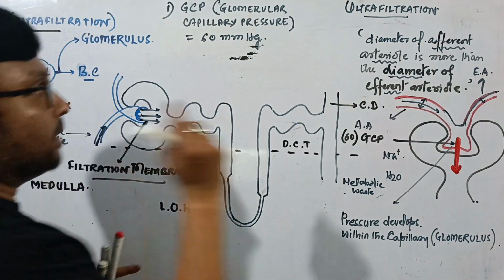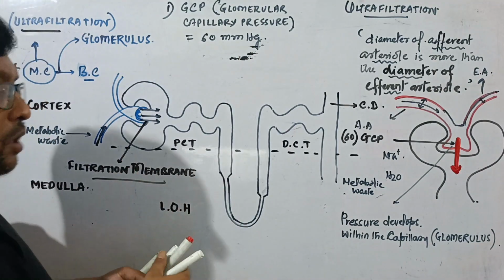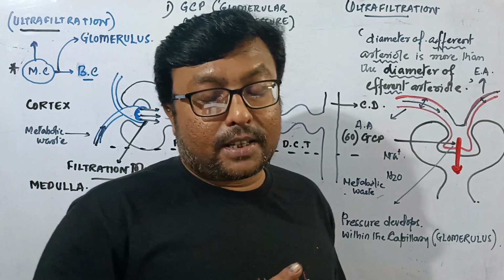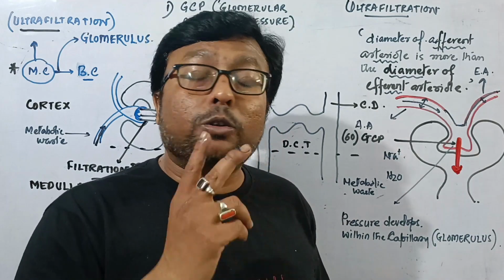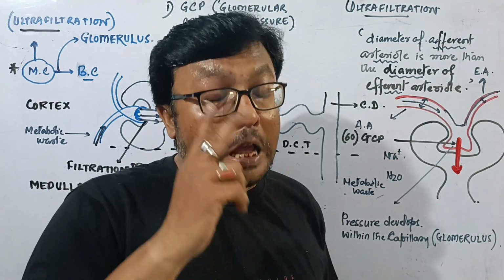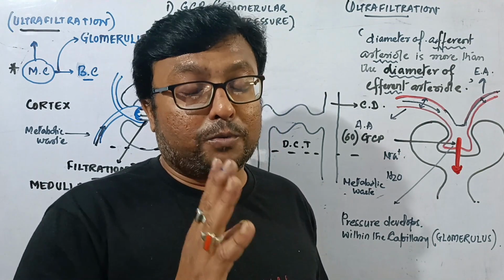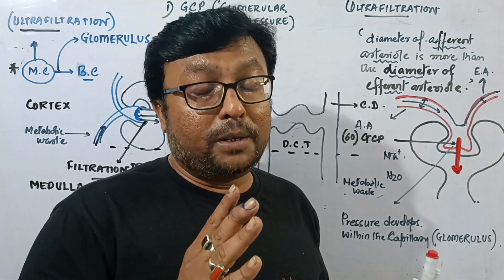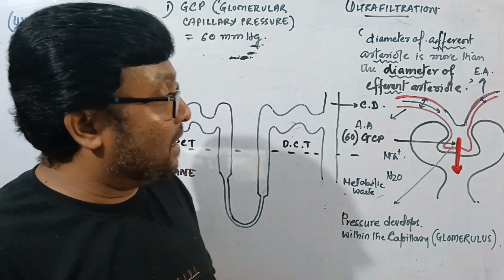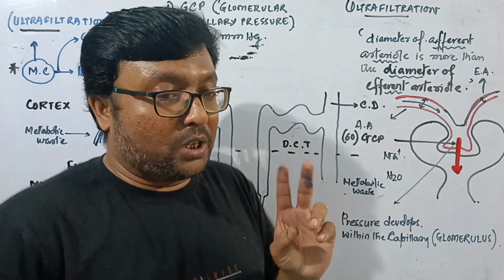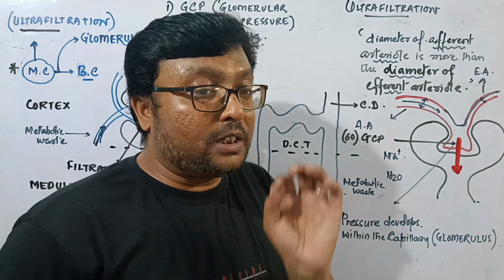Yes, sir. Okay. So now, two opposing pressures are also observed. Why are we saying two opposing pressures? It is because a GCP generally acts on this side, and two different pressures are observed that act opposite to GCP.